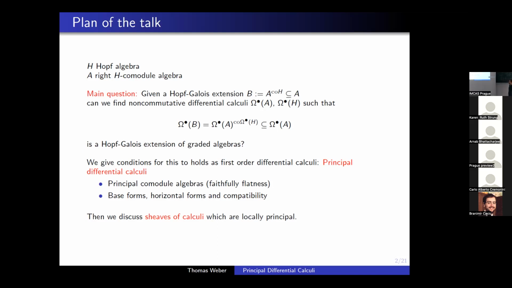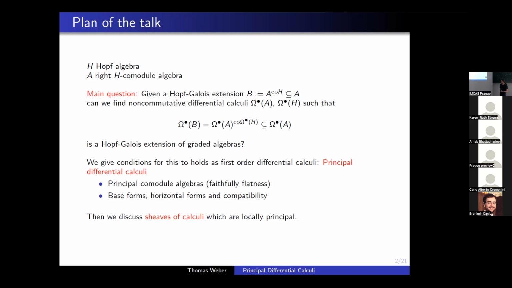And then we also have to talk about base forms, horizontal forms, and certain compatibility. And so after this, let's say, affine section, we are going to talk about sheaves, where then locally we are going to have these principal differential calculi properties.